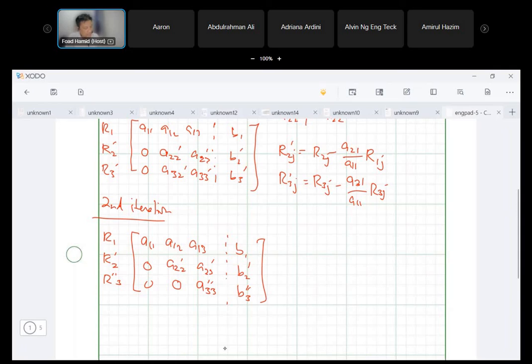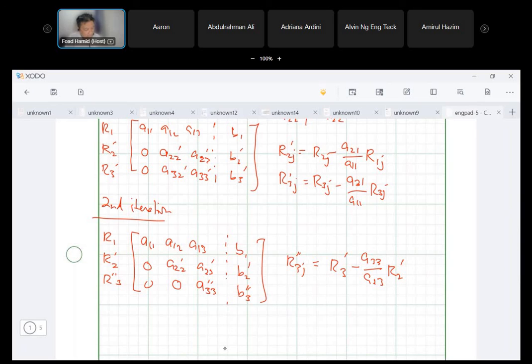So what is R3 double prime? R3 double prime is just this number divided by this number, which is R3 after the second iteration minus A32 prime over A22 prime times R2 prime.